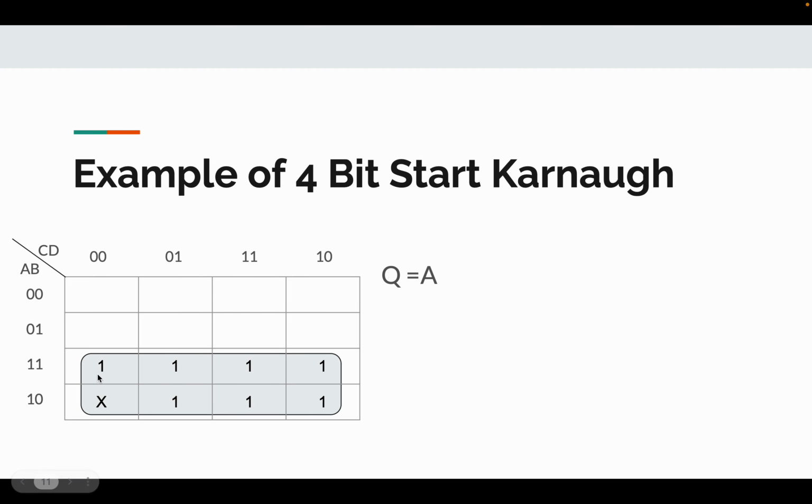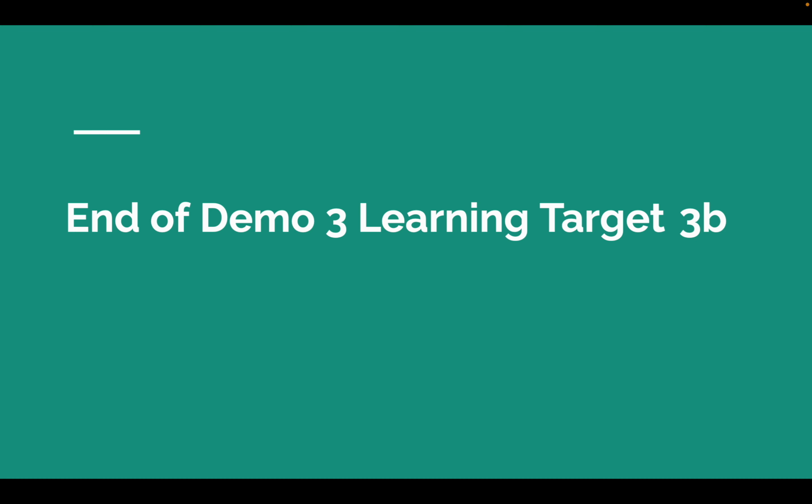Which shows in our next slide, we have our groupings with 111 x 111. And since this is an expression where we have the value of just 1 for A, and B just changes as well as our C and D values, we could just express this as Q is equal to A.